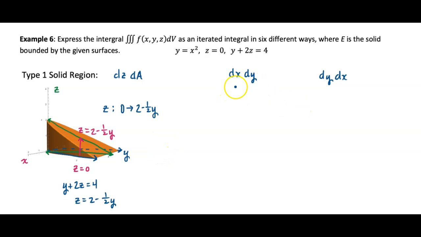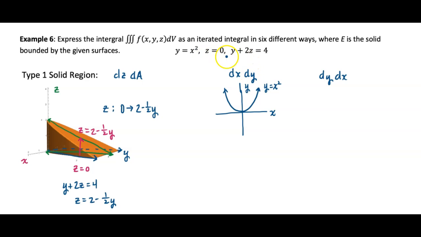Now for the x and y ranges, we're going to sketch the xy plane. On the xy plane, it's kind of like I'm looking at this from above. If I picture standing above, where this z is, then I see a parabola that opens toward the positive y-axis. This parabola is y equals x squared.